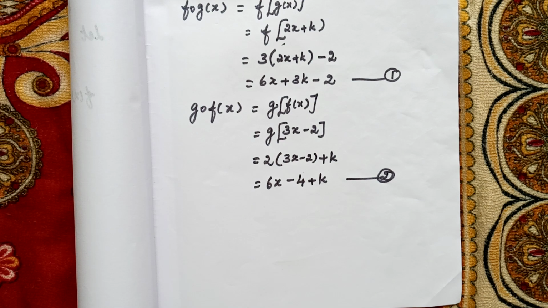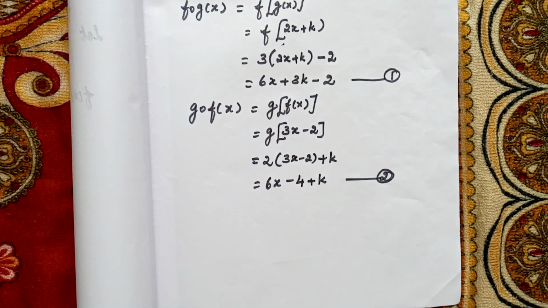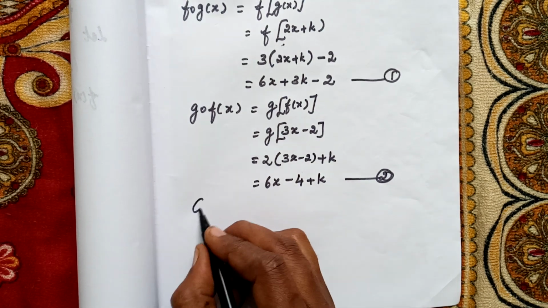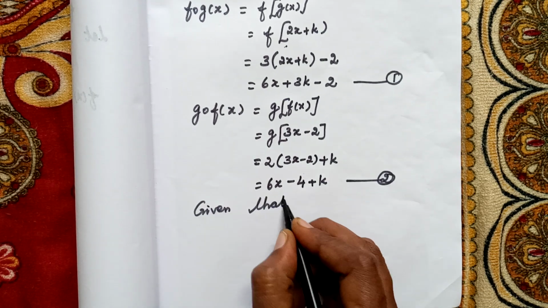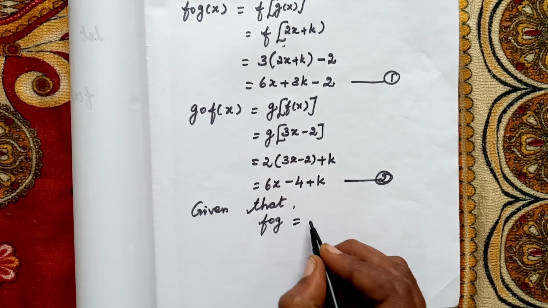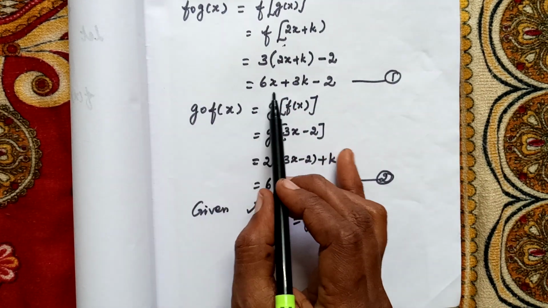We have found f composite g and g composite f. What is given? f composite g is equal to g composite f. What is f composite g?